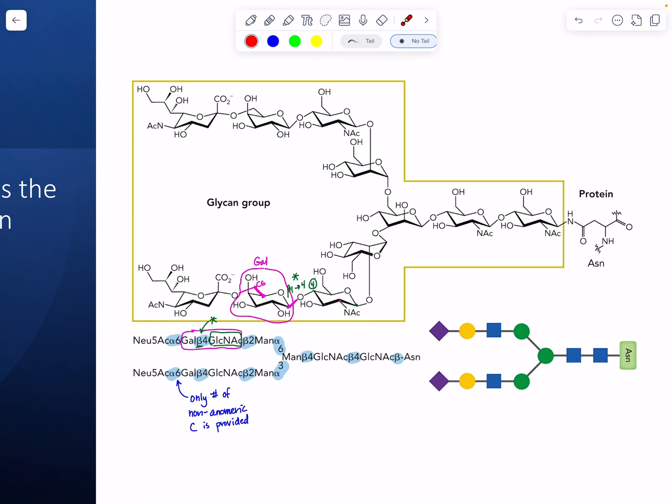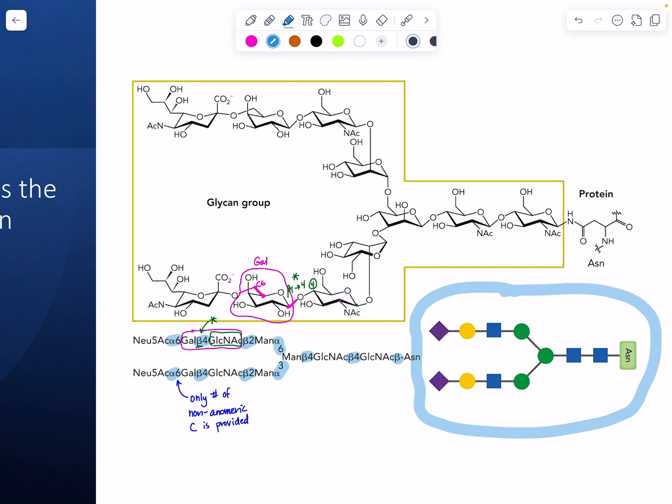So again, this even is a little bit too much, and so we use the symbol nomenclature here. One of the things that is sometimes included in the symbol nomenclature is the bonding information.